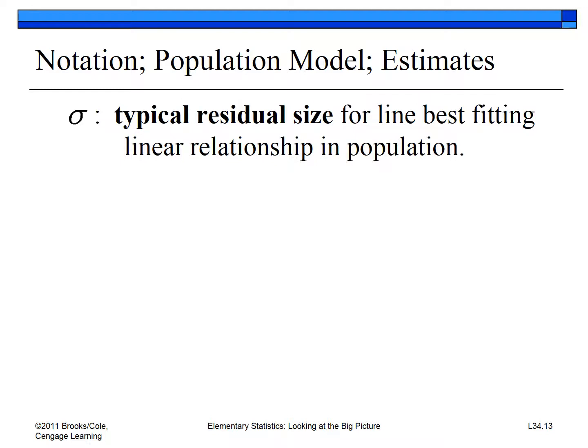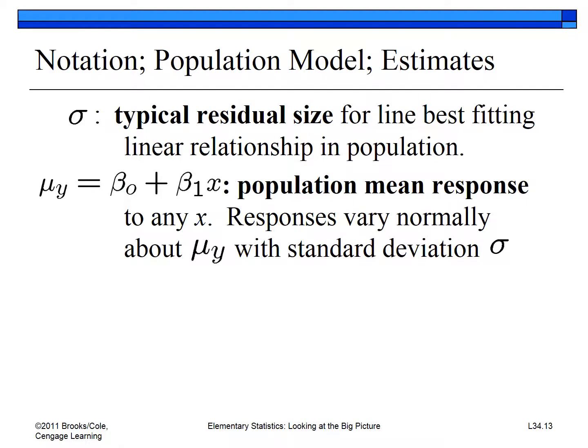So when we're talking about the population, sigma is what we're going to call the typical residual size in the population. It corresponds to S in the sample. And instead of using y hat and b naught and b1, we will denote the equation of the regression line in the population as mu sub y equals beta naught plus beta 1x.